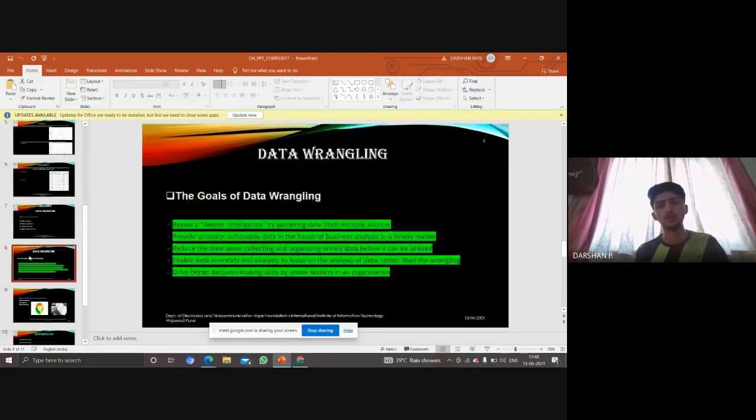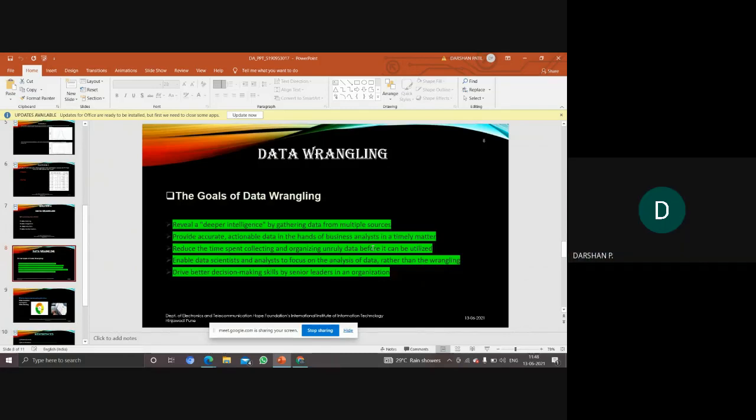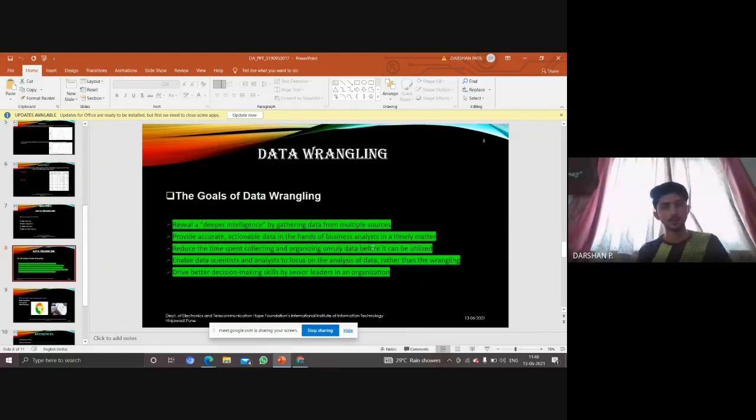And what are the goals for data wrangling? The goals are gathering data from numerous sources to reveal the more profound intelligence within it, and to reduce the pain of collecting and organizing, in short cleaning, unruly data before it can be used.